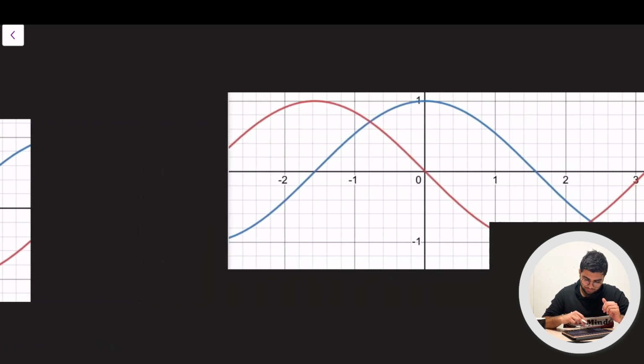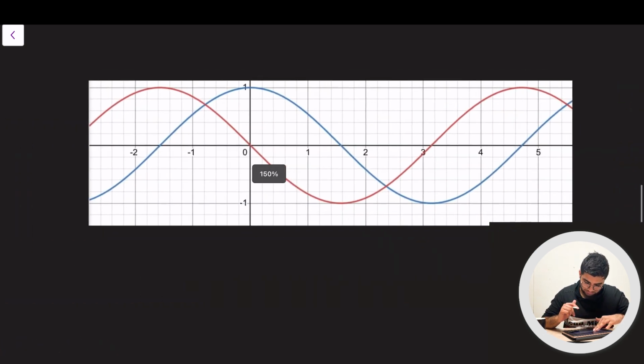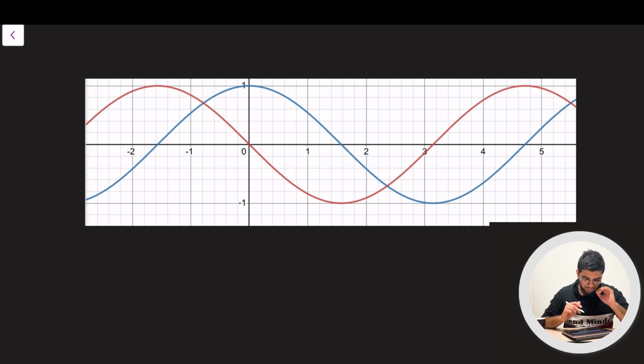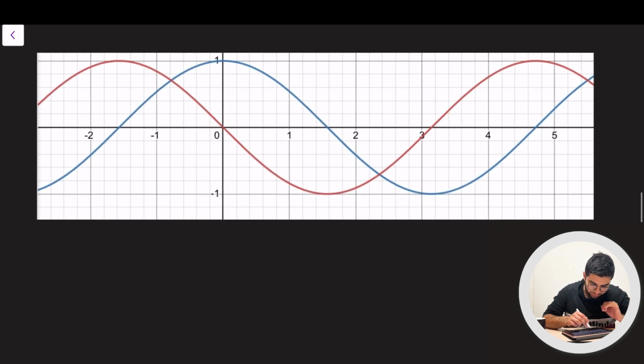Luckily, I already have that here, and we are going to look at that. Again, the function in blue is cos of x, and the function in red is this time negative sine of x. Now we already know that these points line up.